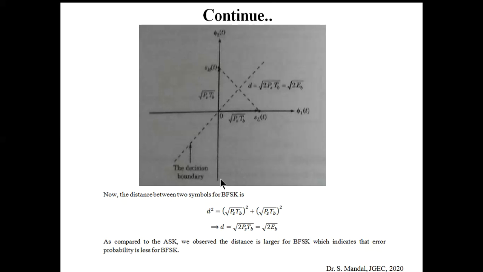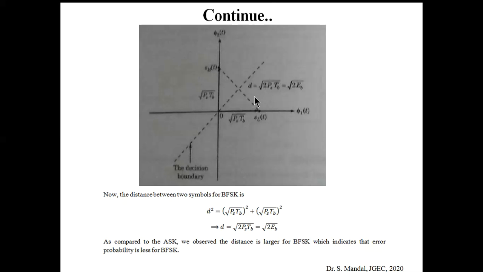This axis is phi 1t and this axis is phi 2t, and in phi 2t the first point is at root over Eb or root over PsTb for 0, and along the phi 1t axis, the point is located at root over Eb or root over Ps into Tb. So this is for symbol 0, sorry, symbol 1, and this is for symbol 0. So this will not be SLT, this will basically be SHT, and this will be SLT. Okay, and this is the decision boundary.